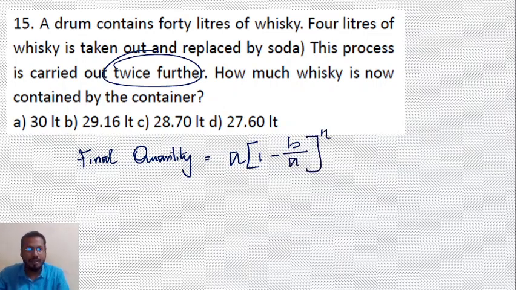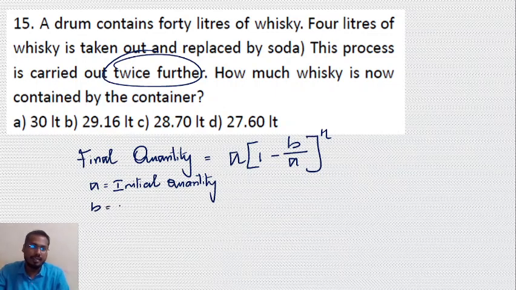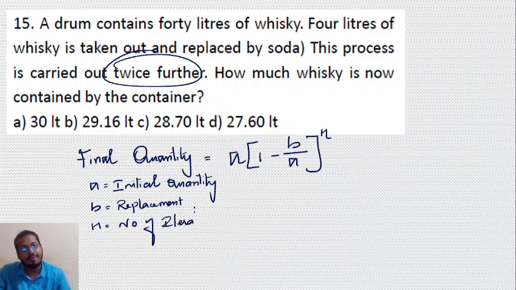In this formula, this A is nothing but the initial quantity, and B is the replacement, and n is the number of times, or number of iterations, right?